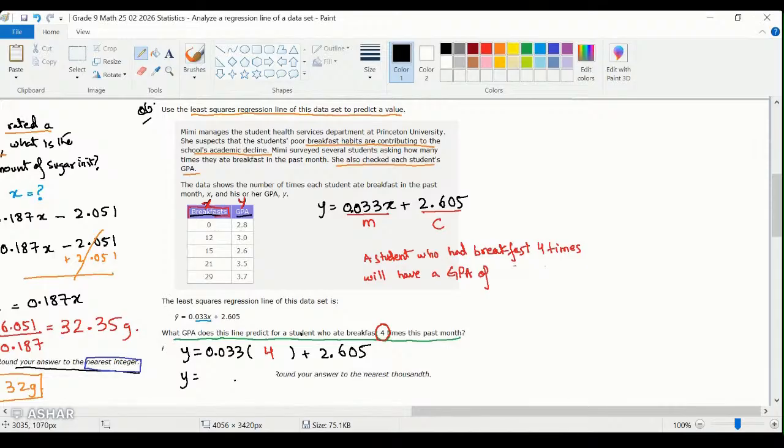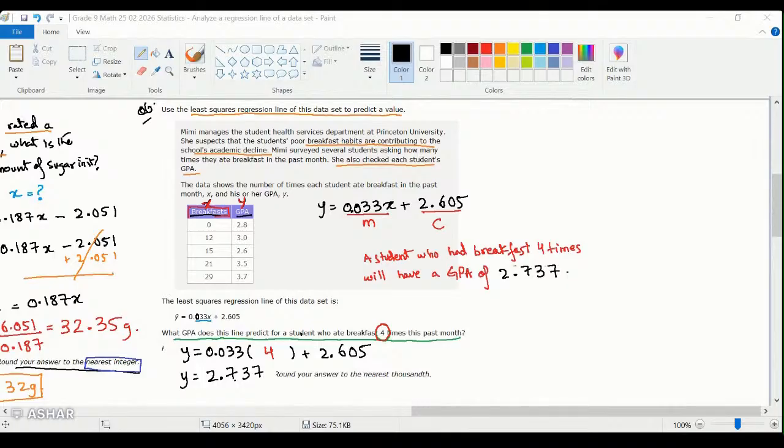Sorry, it comes out to be 2.737, right? We missed this 0. GPA of 2.737. Agreed? Okay. It's better to cross check always, right?